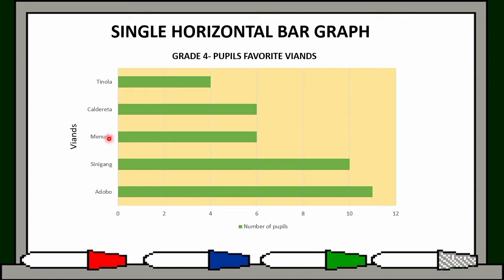So, titignan ngayon natin si number 6 dito sa number of pupils. Ayan, 6. And then, move ka, hanapin mo yung pangalan or itapat mo dun sa pangalan nung ulam, which is the menudo and caldereta. So, then, 6. Ayan. So, gawa ka ngayon ng bar mula dun sa menudo, papunta kay number 6, sa tapat ni number 6.